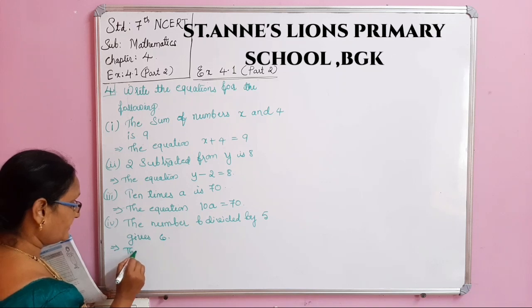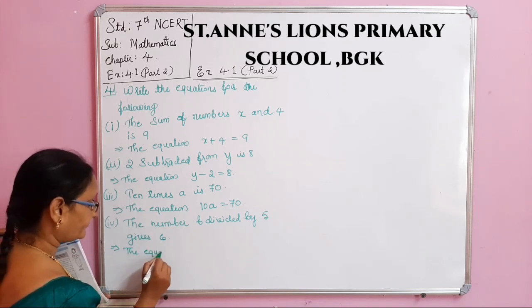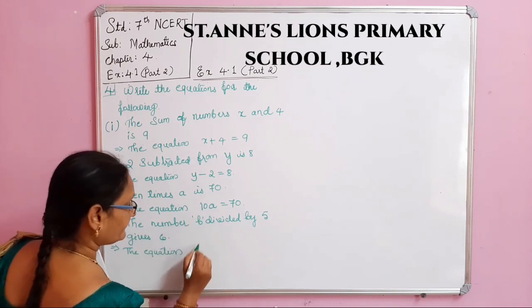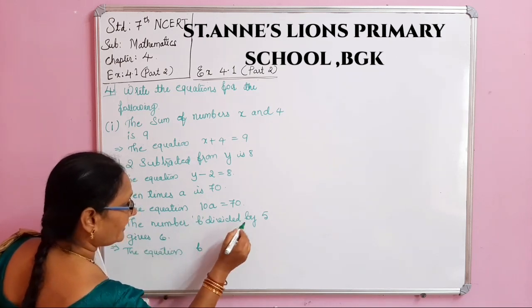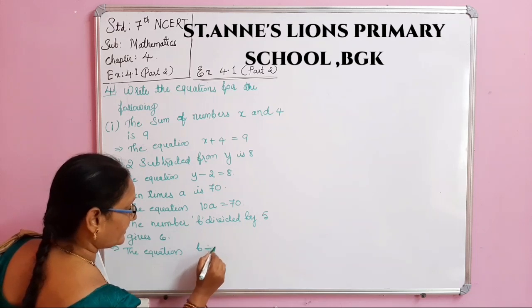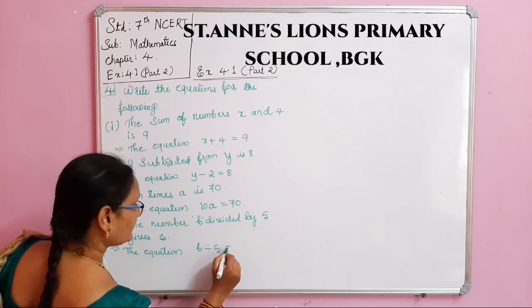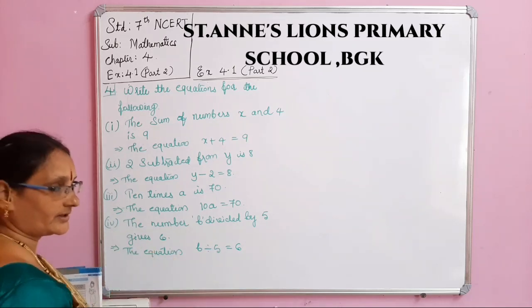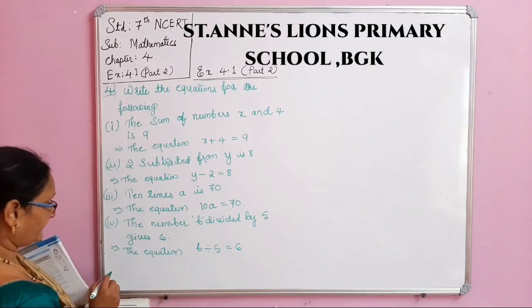So, what is the equation? The equation, the number b divided by 5 is equal to 6, or b by 5 equal to 6 also you can write, no problem, same.